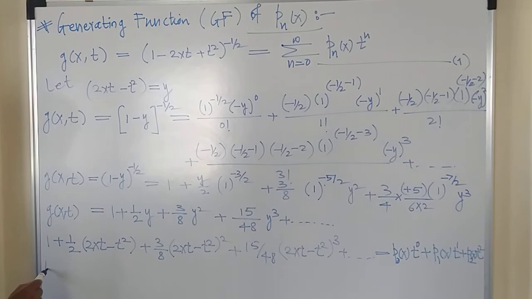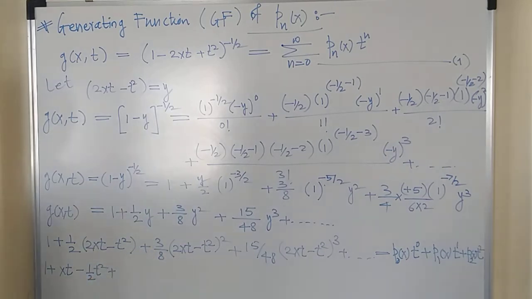So the first term is 1, plus second you will get only xt, 1 half into 2xt, that is xt, and minus half t square.